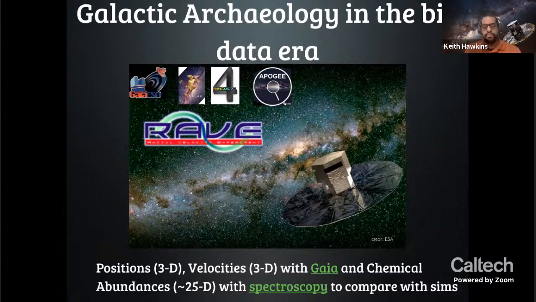And so we have a smattering of some of the surveys that I work with, there are many more, that are obtaining high resolution to low resolution spectra for 250,000, 500,000 stars, and deriving 20 to 25 elemental abundances for 100,000, 200,000, 500,000 stars at a time.